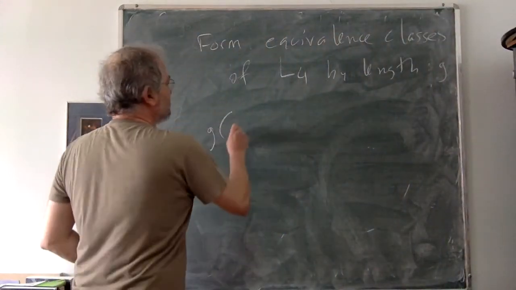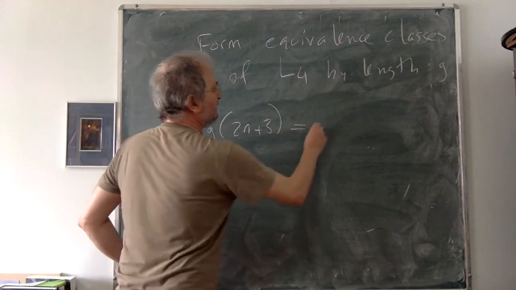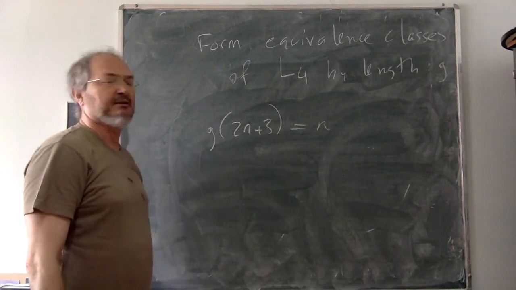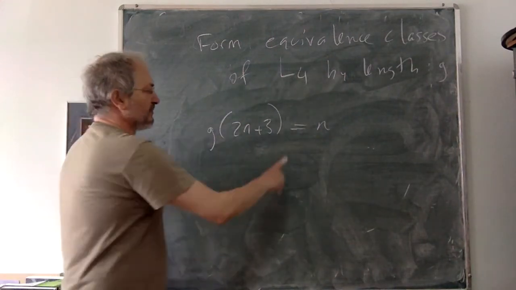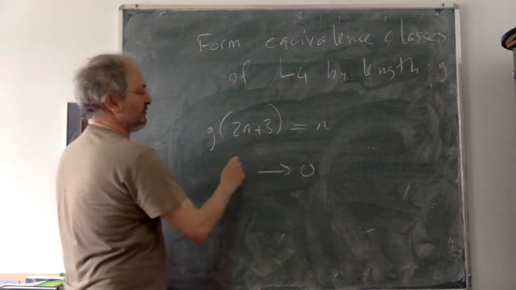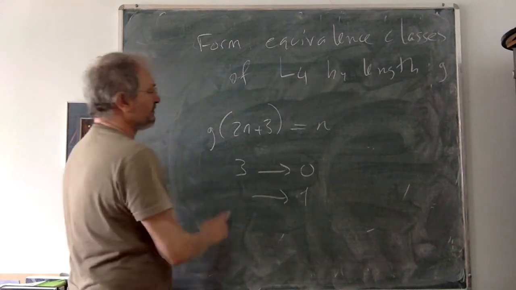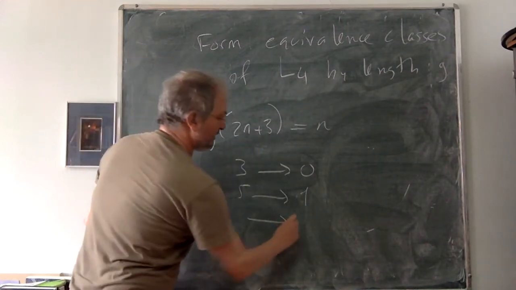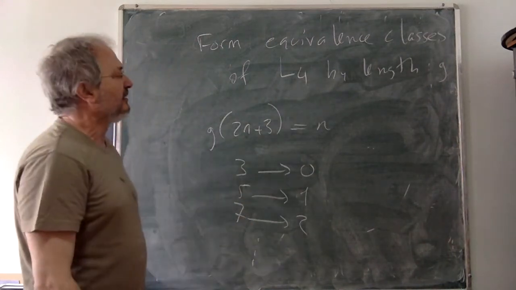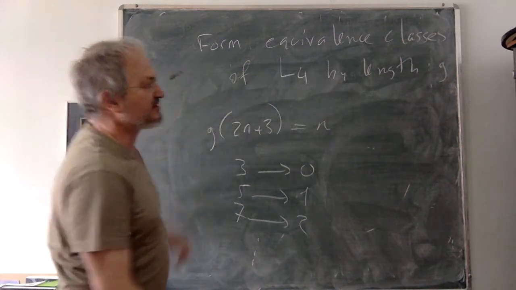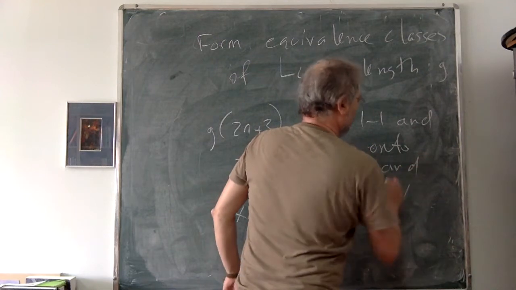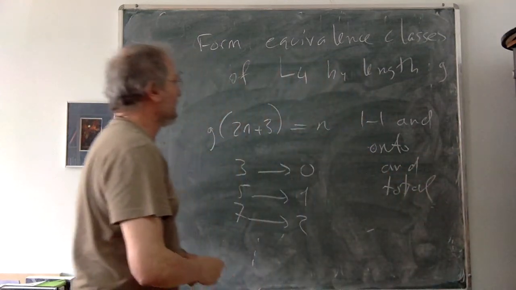You can say G is taking things of this and mapping them to n. When n is 0, you get that for 3. When n is 1, this is 5. When n is 2, this is 7. Okay. And this is one-to-one and onto and total.